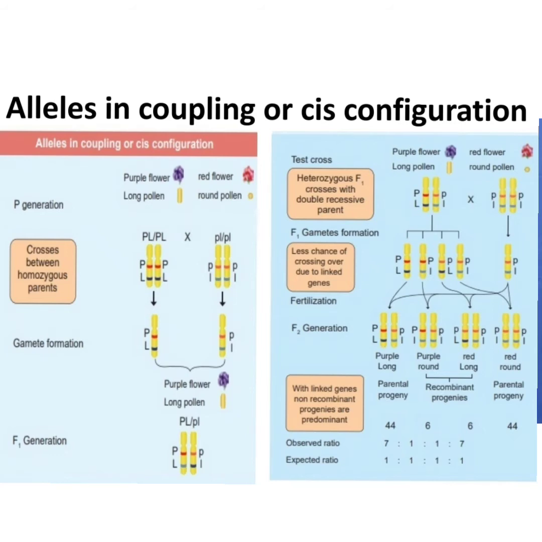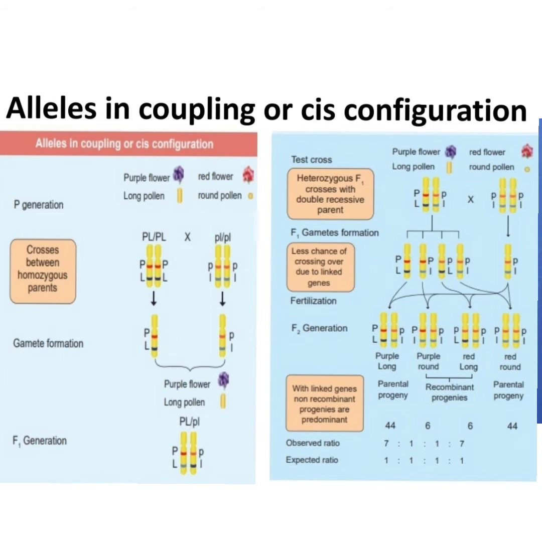When a test cross is done, where the heterozygous F1 crosses with the double recessive parent, the purple flower with long pollen, represented as capital P, capital L in one homologous chromosome and small p and small l in another, is crossed with red flower with round pollen, which is small p and small l in both homologous chromosomes.